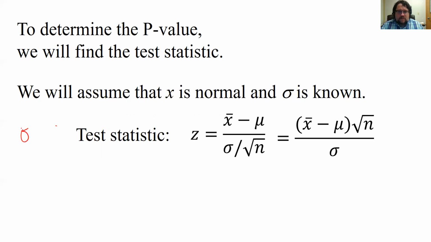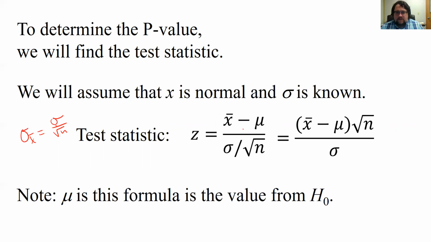We probably just want to calculate sigma over the square root of n first and then divide that into the numerator. This mu is from the null hypothesis. That's the default value, the status quo value.